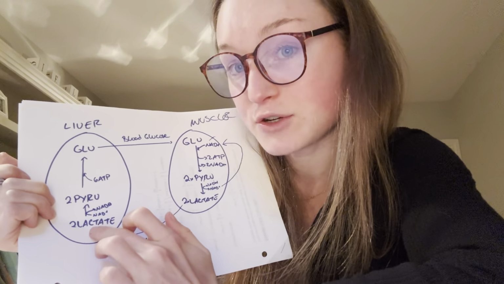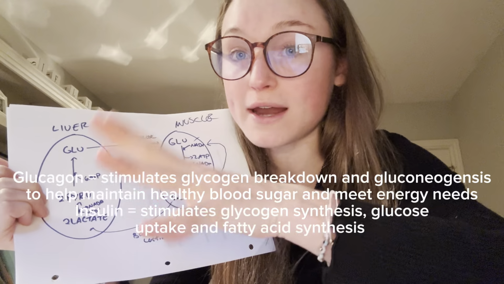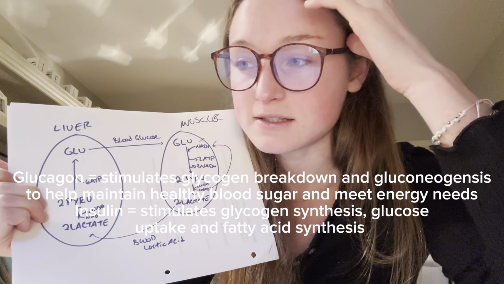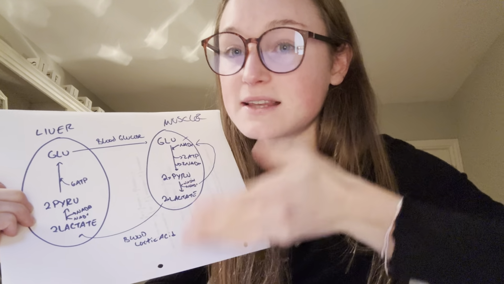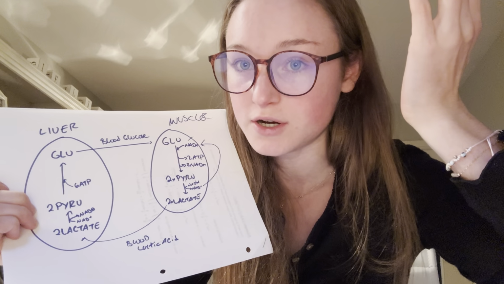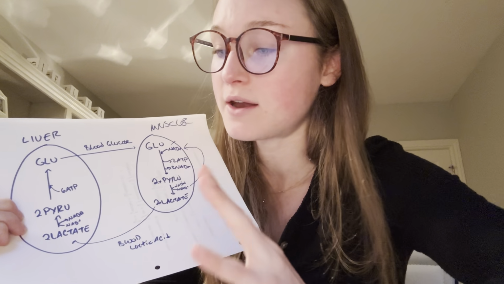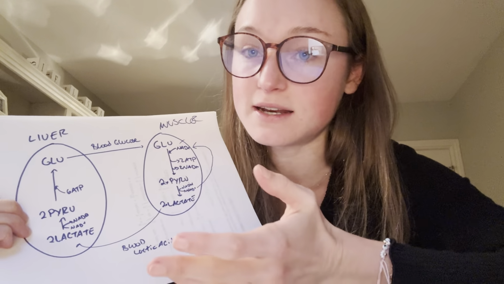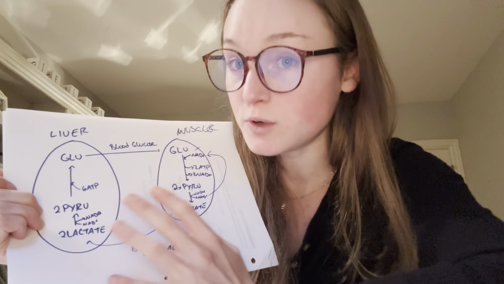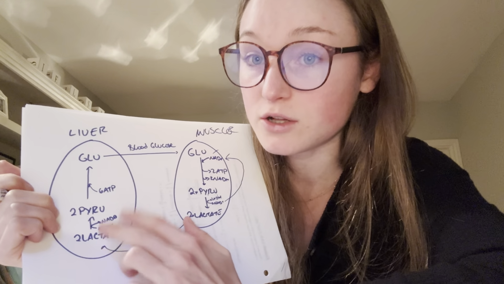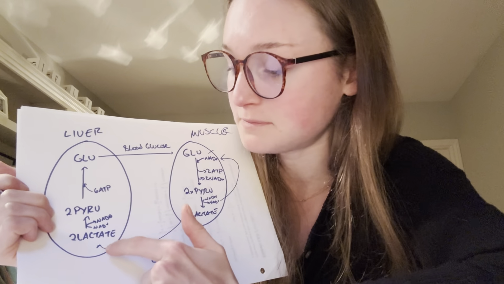Lactate inside your liver, the hormone glucagon is high. Glucagon is glucose gone. It's the hormone that is up when there's low blood sugar. Insulin is the opposite of glucagon. If there's high blood sugar, you have a lot of insulin. If there's low blood sugar, you have a lot of glucagon. Glucagon is going to signal gluconeogenesis in your liver.